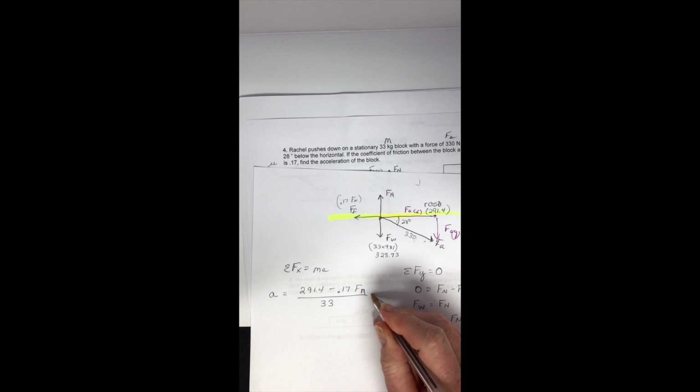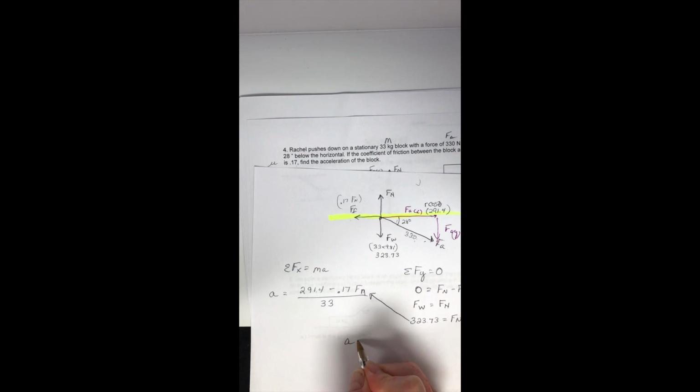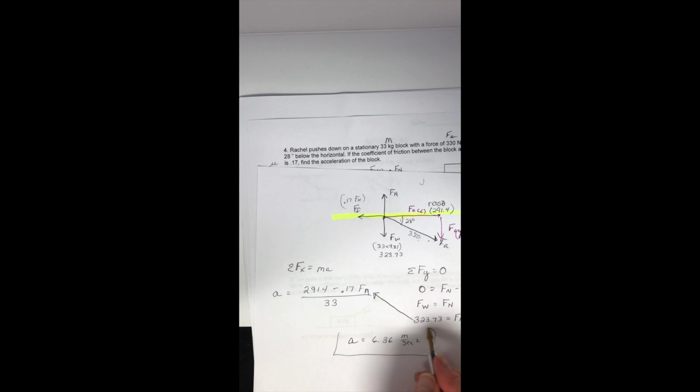All right, so I'm rearranging it. Force weight equals force normal. 323.73 equals force normal. Plug that in, and the acceleration I get is 6.36 meters per second squared.